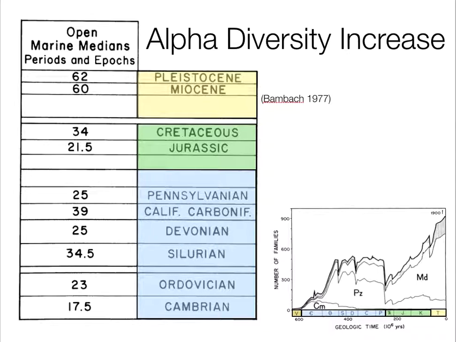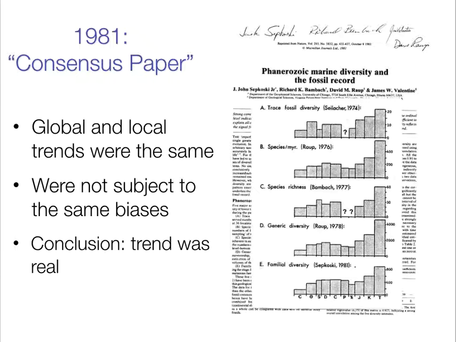There's a consensus paper written in 1981 where Sepkoski, Bambach, Raup, and Jim Valentine basically got together and said, look, global and local trends are the same, they're not subject to the same biases, therefore the overall trends that we see in the fossil record are real. So this work provided powerful support for the global curve, again, because local diversity is not subject to the rock area bias. And these guys all agreed that diversity did increase from the Paleozoic to the Cenozoic.